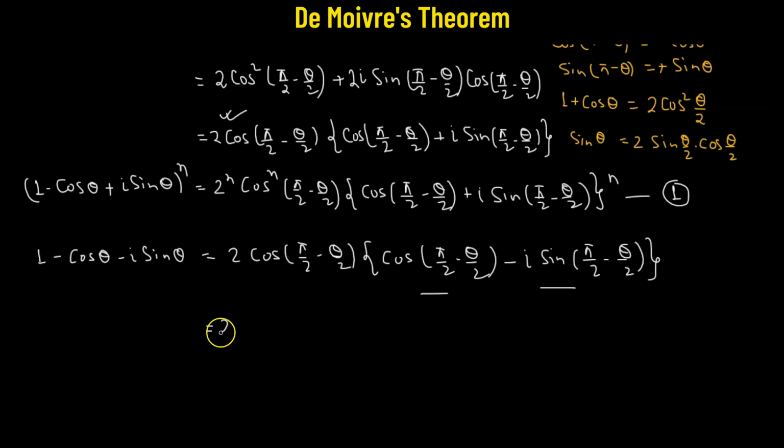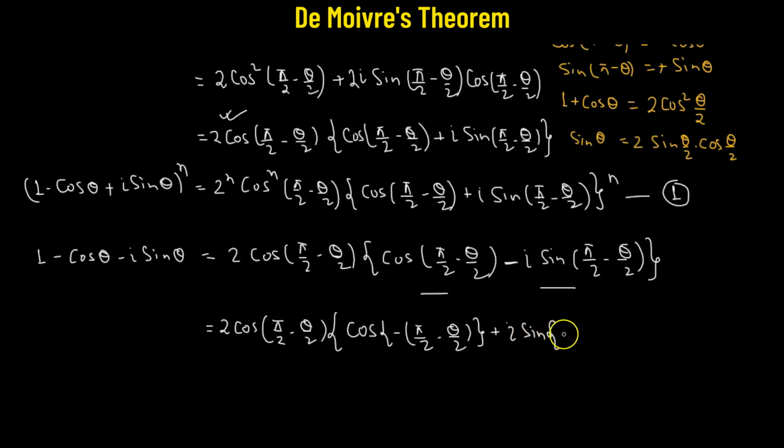So here we can rewrite it as 2 times cosine of (pi over 2 minus theta over 2), which stays the same, multiplied to cosine of negative (pi over 2 minus theta over 2), and we'll absorb the negative sign as plus iota times sine of negative (pi over 2 minus theta over 2).